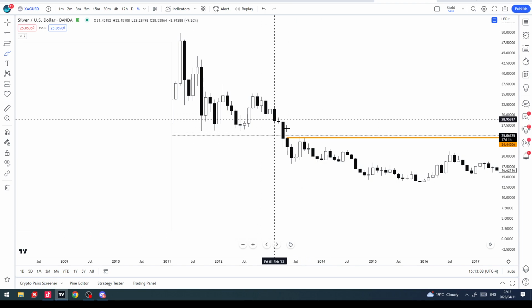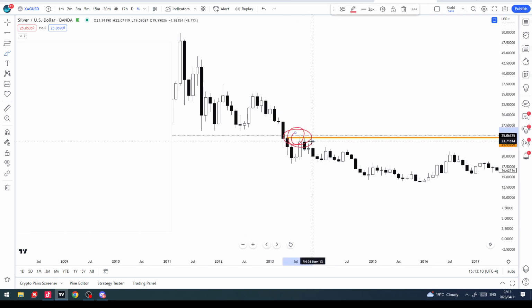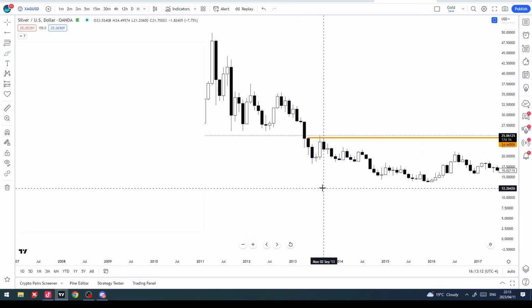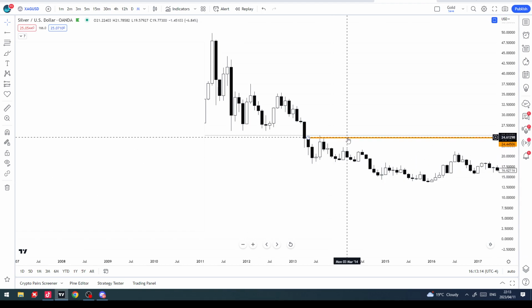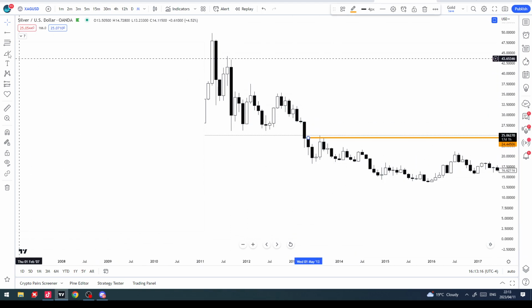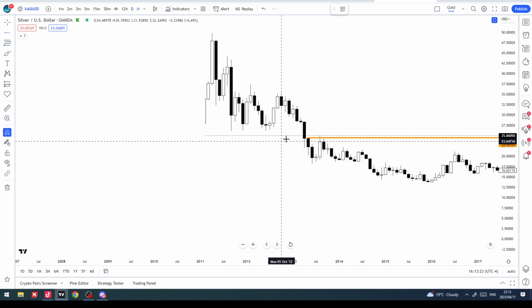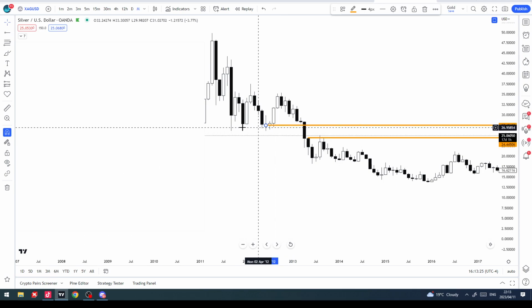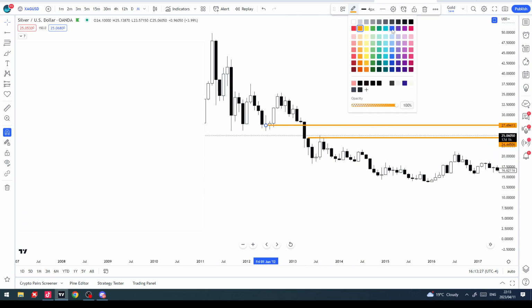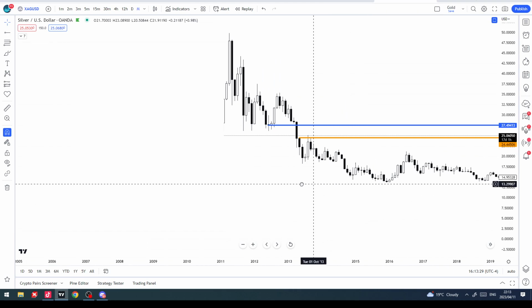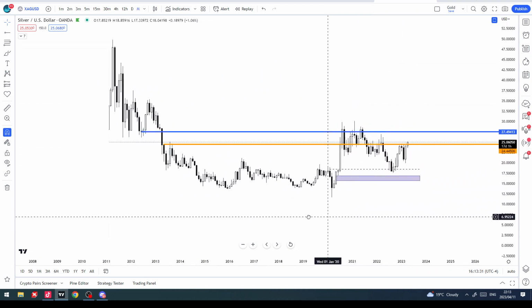Now if this is a monthly start of a new delivery, if they had to come back, where would they come back to? About here, right? Or even a need to print an up candle there. Let's call it blue. Look at that.